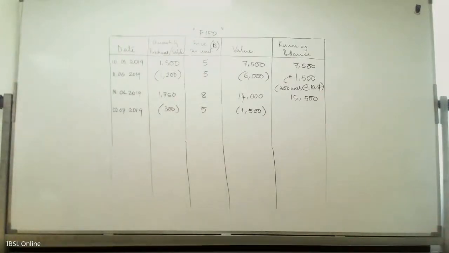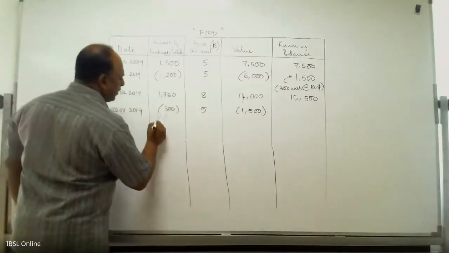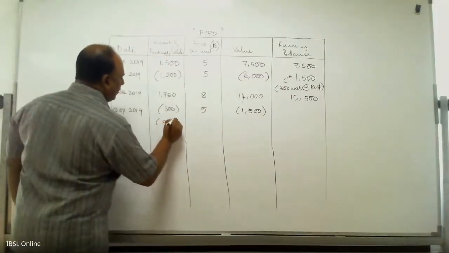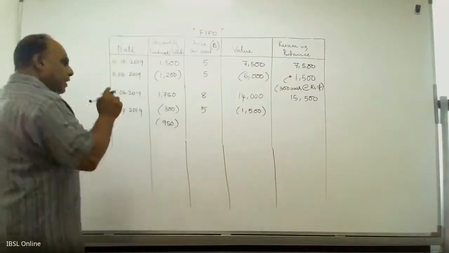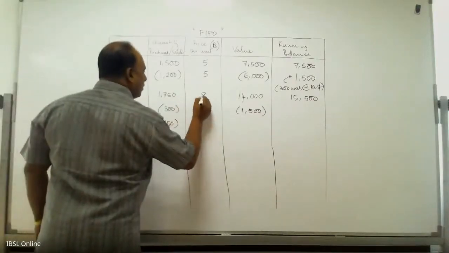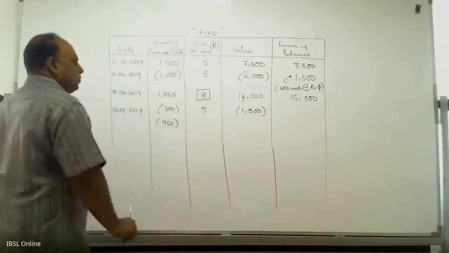But my requirement is to issue 1,250. So 1,250 means I have issued only 300 from here. So I have to issue another 950. But that 950 is going to go out from this 8 rupees.